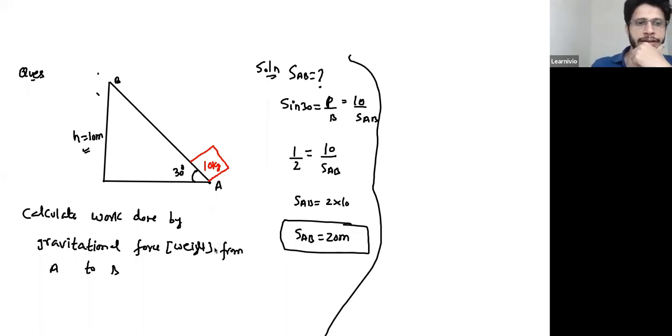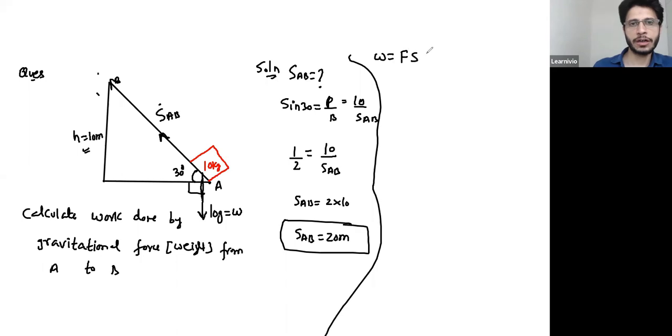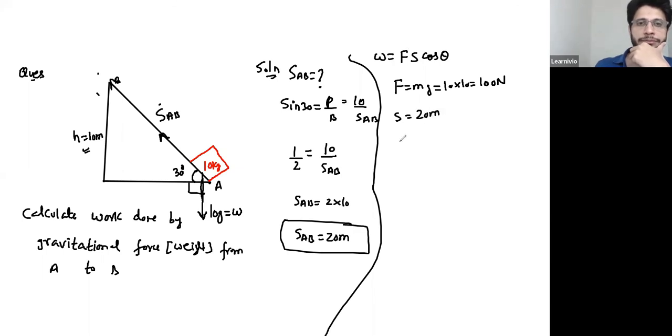The next thing I need is the work done. Work done is F s cos theta. Your force is weight, which is mg, which is 10 into 10, which is 100 Newton. Your displacement is 20 meter.